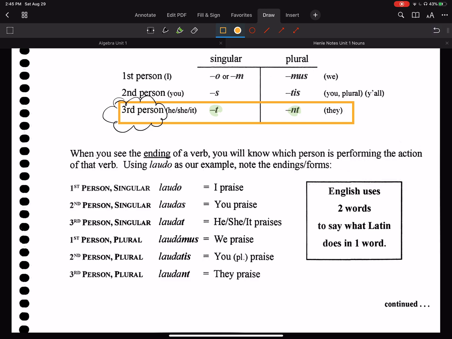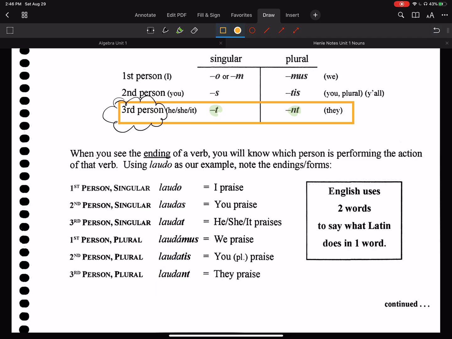So if all you see is, let me focus only on the ones that we're going to be using, if all you see is laudat, if that is your complete sentence, then you would translate it as he, she, or it praises. If you see laudant, and that's all there is, you would say they praise. All of those words in English are combined into that one little tiny Latin verb.